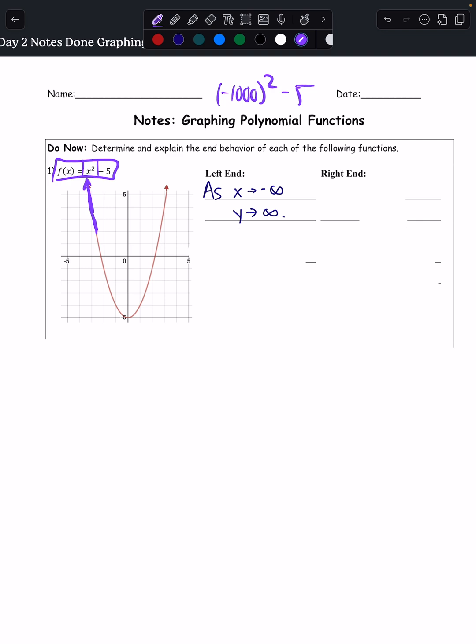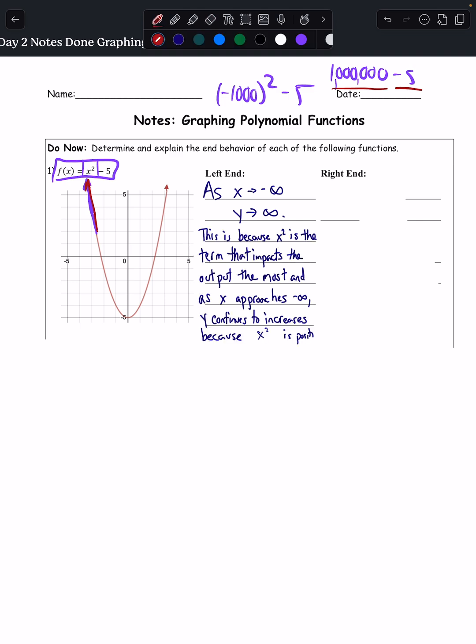That's going to come out to be a very large positive number, because negative 1,000 squared is 1 million. So 1 million minus 5, that 5's not doing too much for us once we get to a very negative number. The million outweighs the minus 5, and we're going to keep on going up at a very rapid pace.